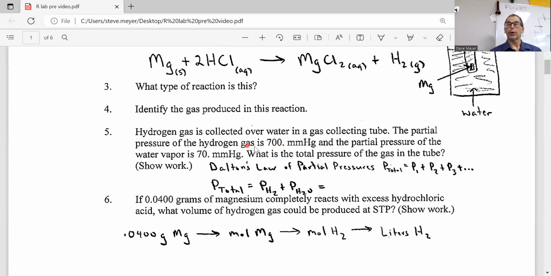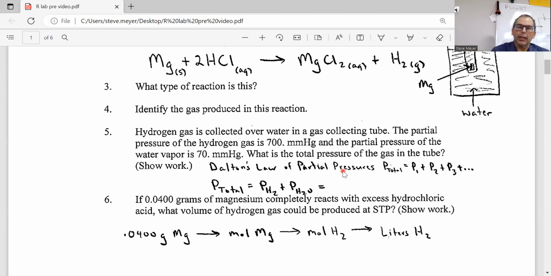So if you're thinking, oh, the pressure of the hydrogen is 760, the pressure of the water vapor is 70, what am I going to do? Add those two things. That's exactly right. So just add them up, 830, and that's going to be your total pressure. Ultimately, when we do the lab, that'll be the same as it should balance with the barometric pressure or the room pressure we have that day.